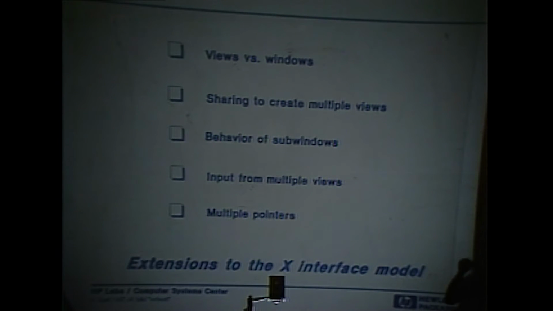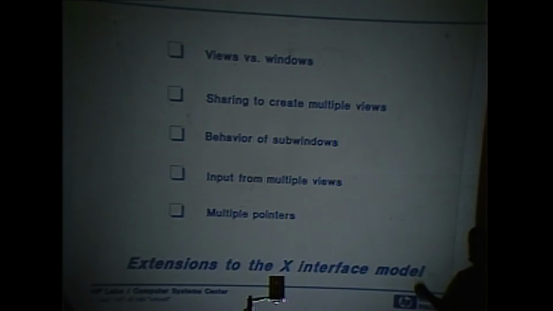But if I had one window and 5 of us were looking at it on 5 different displays on workstations, then you need the logical concept of a view and multiple views of a particular window in order to make this work. You need operations that manipulate, create, and destroy views, such as sharing a view to create multiple views.